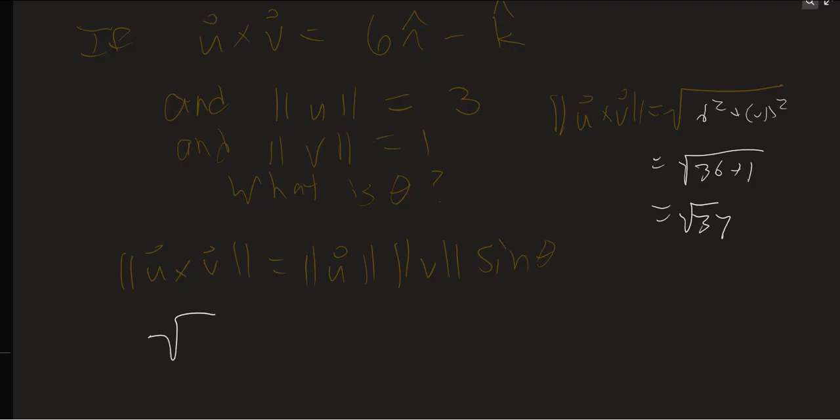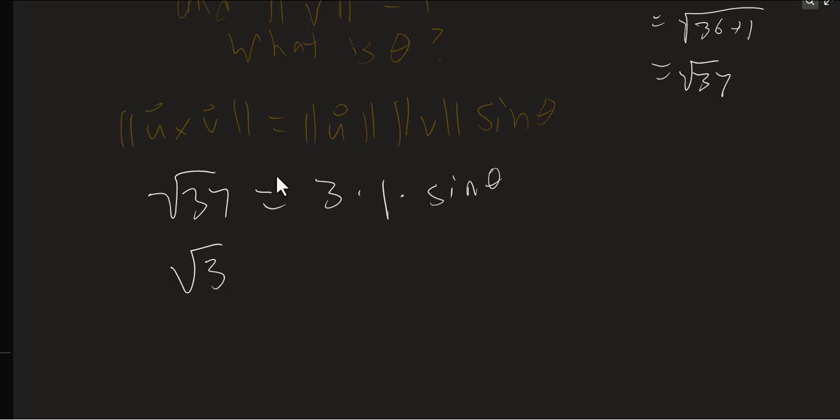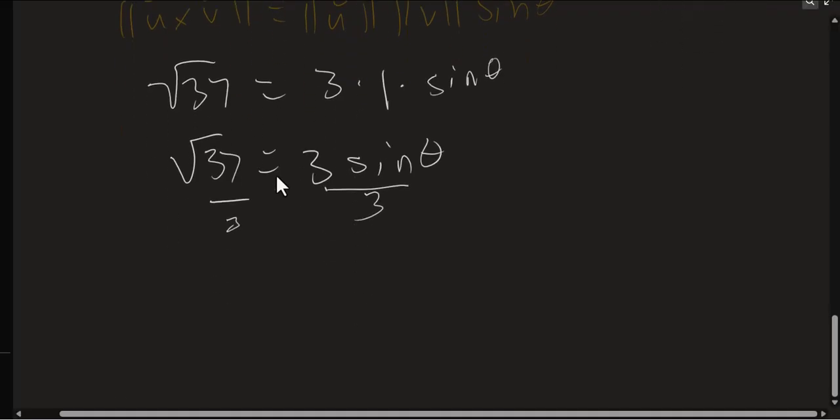So the square root of 37 equals the magnitude of u, which is 3, times the magnitude of v, which is 1, times the sine of theta. And then from here, you get square root of 37 equals 3 sine theta. Divide both sides by 3. Square root of 37 over 3 equals sine theta.